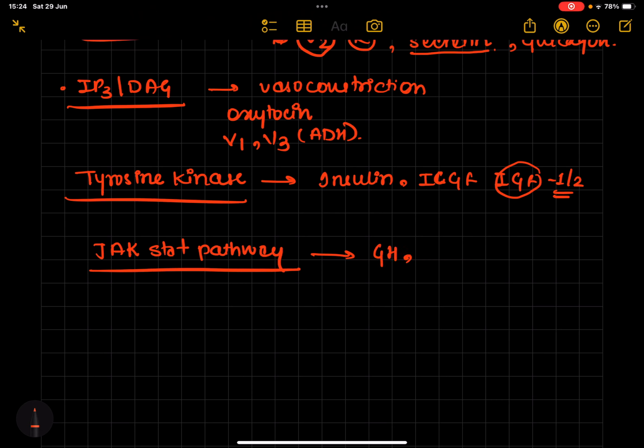Through this receptor, growth hormone, prolactin and erythropoietin act.